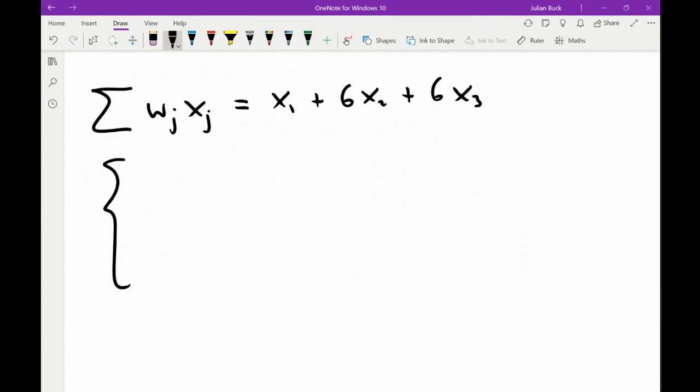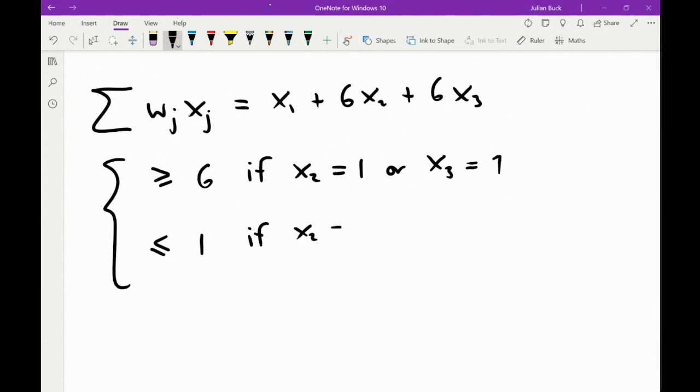And so we can see that it's greater than or equal to 6 if x2 equals 1 or x3 equals 1. And it's less than or equal to 1 if those two factors are both 0.